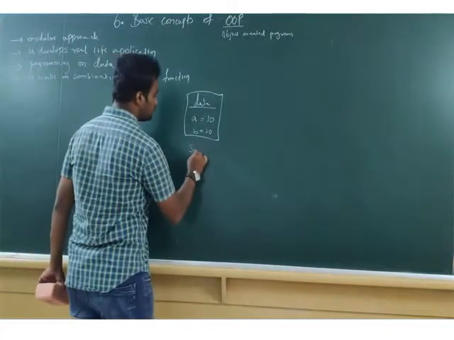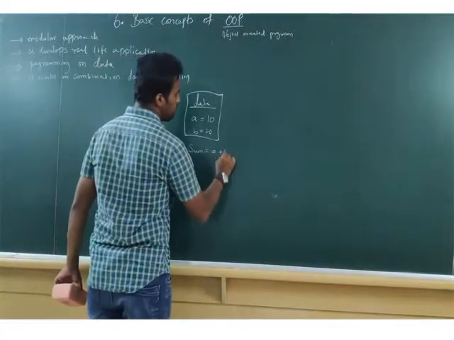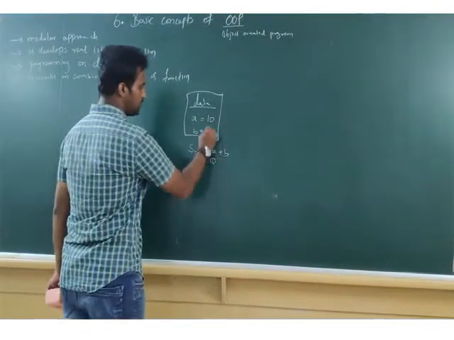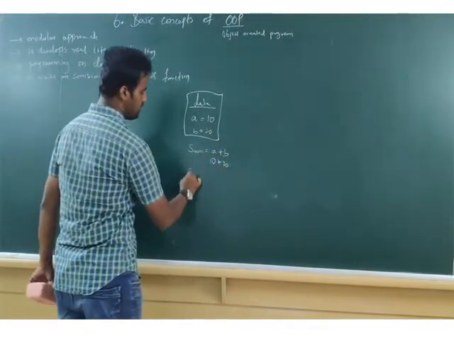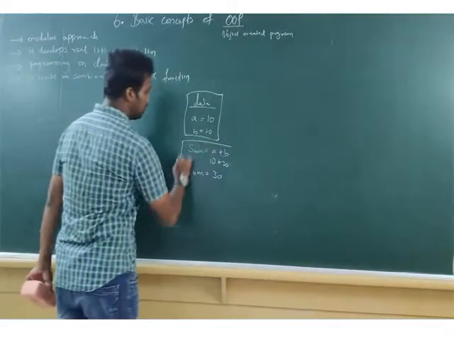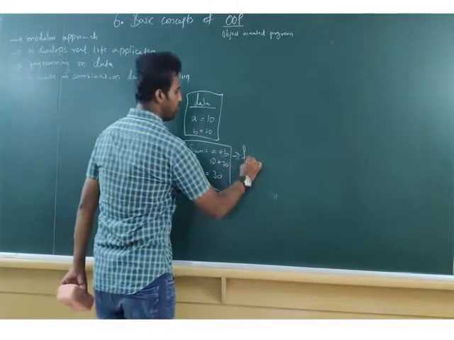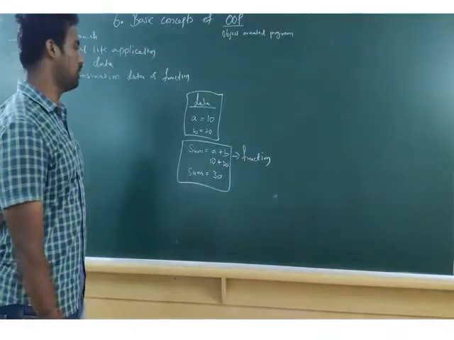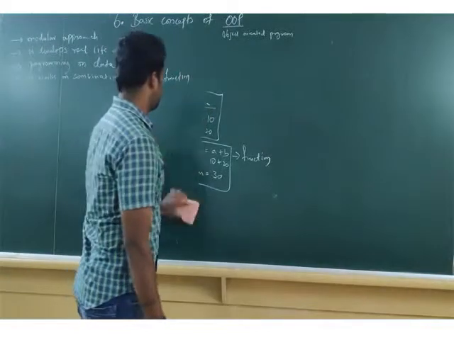Here we write sum is equal to a plus b. What is the a data? It is 10. What is the b data? It is 20. Sum is equal to 30. Now this is function, the function or logic of a program.